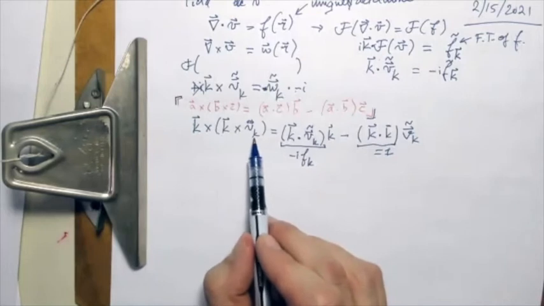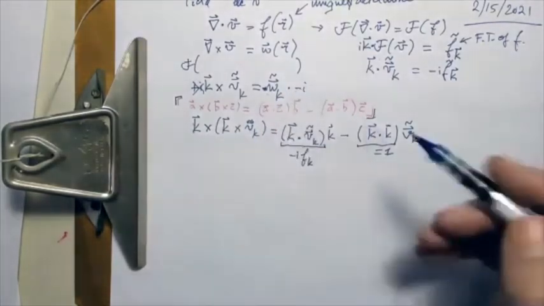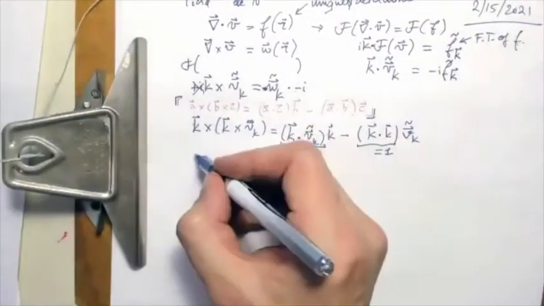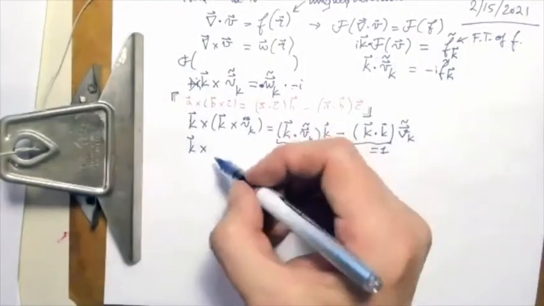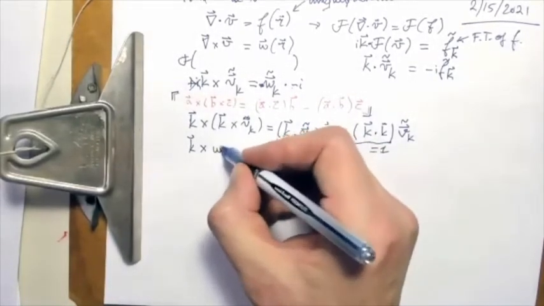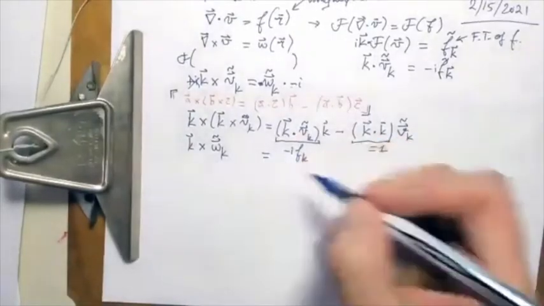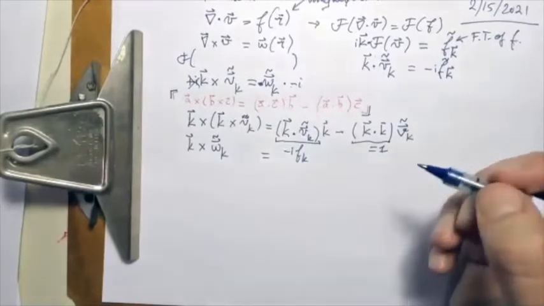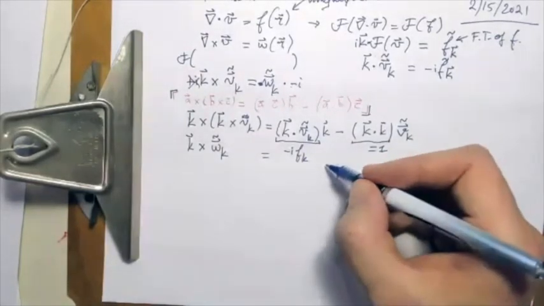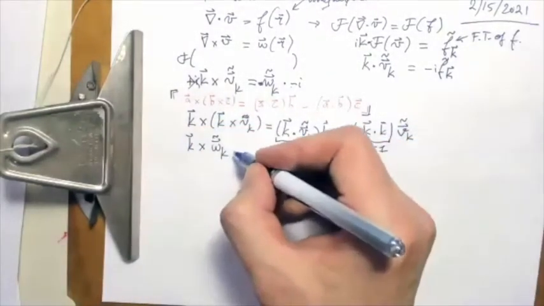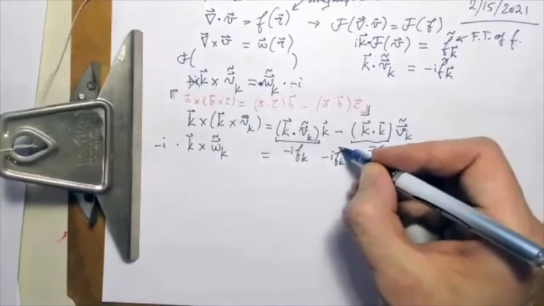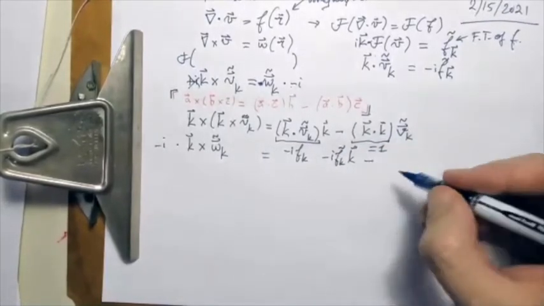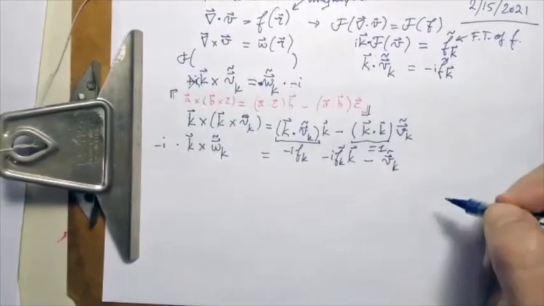And of course, the K crossed with this V is also simultaneously equal to this W. So now we have here K crossed with W, and that is equal to this, a minus I, and this is a minus I f of k times k vector minus v.